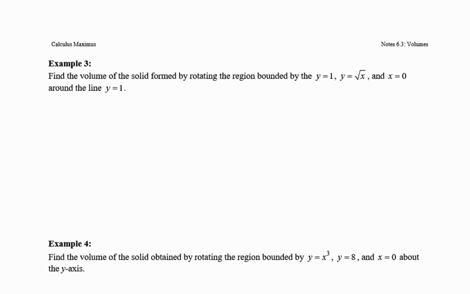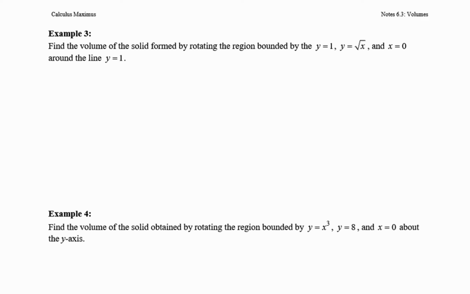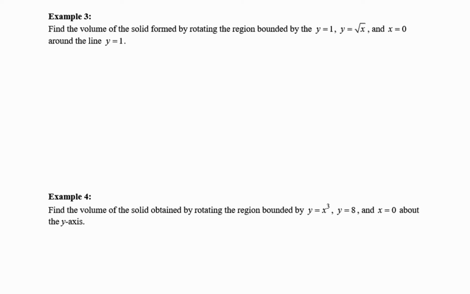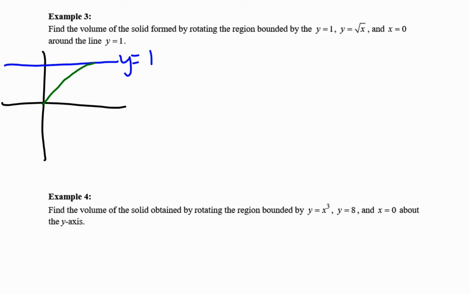Now the next 2 problems are just more practice on the perpendicular method. All right, so let's see if we could fit both of them in here. So we have the region bounded by y equals 1, square root of x, and x equals 0.